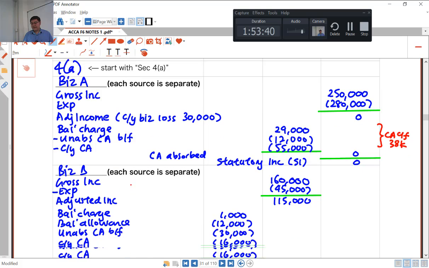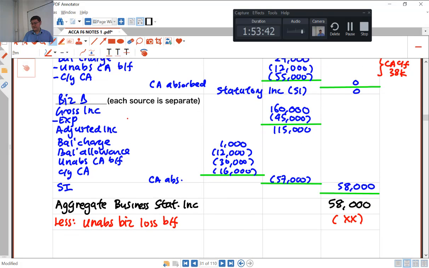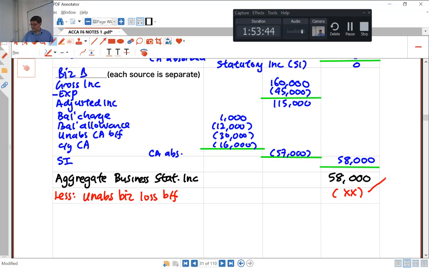That means the loss must come from which year? From 18. Okay? Now I don't think now the question will ask you until the future, but you know in MCQ questions they can. So when you minus the brought forward losses, you still have to be careful with the time limit. Because if you have exceeded the 7-year, sorry, we disregard the loss.